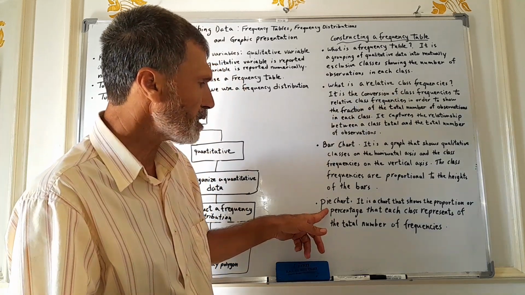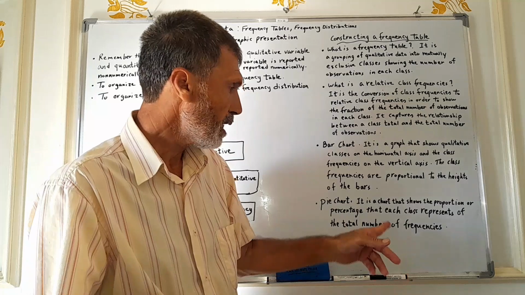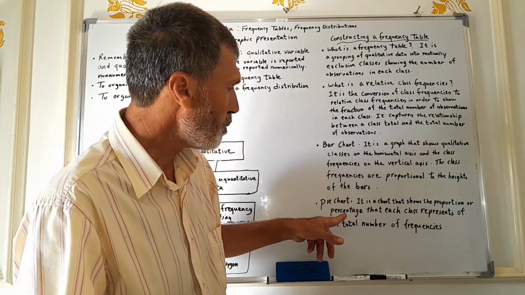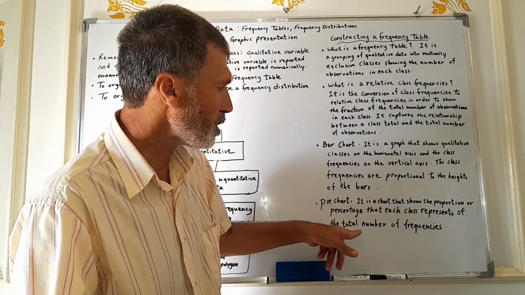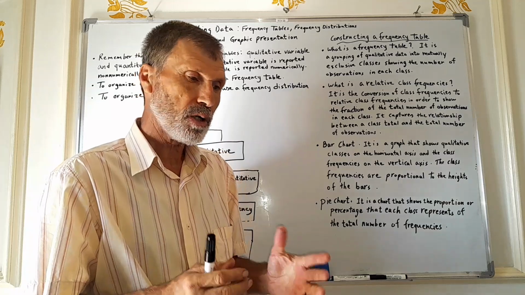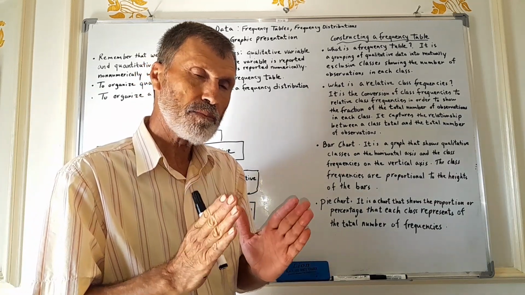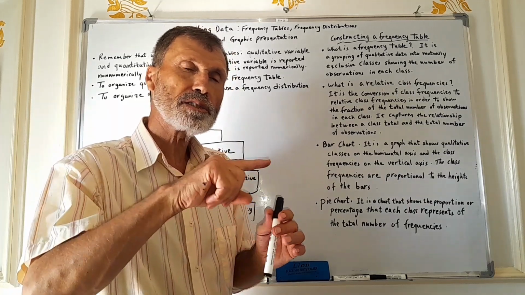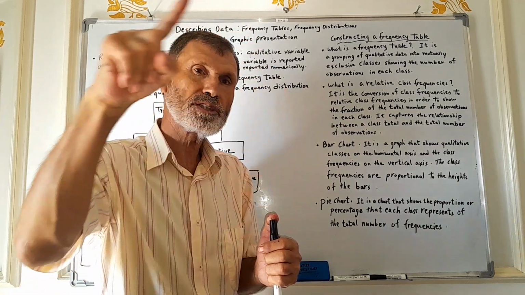A pie chart is also related to qualitative data. It is a chart that shows the proportion or percentage that each class represents of the total number of frequencies. The first step to draw a pie chart is to record the percentages along the circumference of the circle.